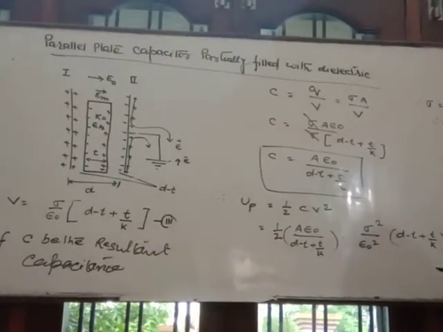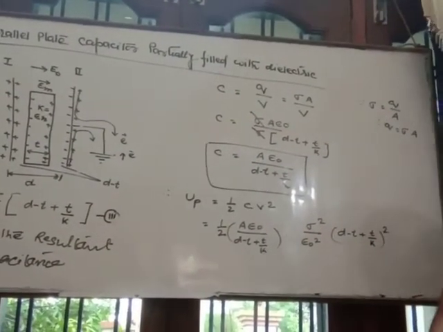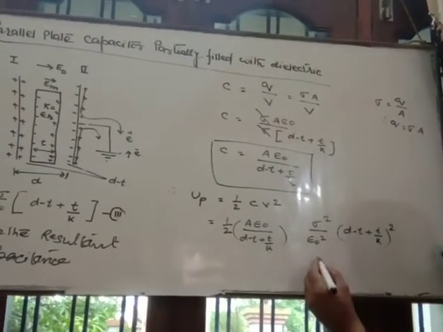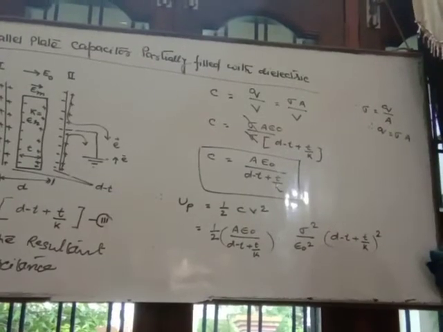And sigma is equal to Q upon A. Instead of sigma, if we write Q by A, it becomes Q square by A square.